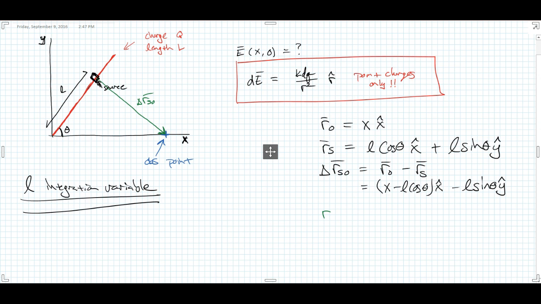So let me change colors here. The length of this displacement vector, which is r, is going to be equal to the square root of the x component squared plus the y component squared.